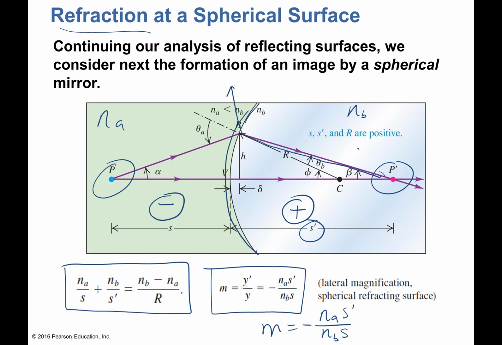We take s to be positive because s is on the same side as the incoming light, s prime to be positive because it's on the same side as the outgoing light, and R to be positive because R is this distance, and it's also on the same side as the outgoing light. That means all of those quantities are positive because they're on the positive side of the system, which is in the back, right? That's the biggest difference here so far, and plus, you have a modified equation as well.